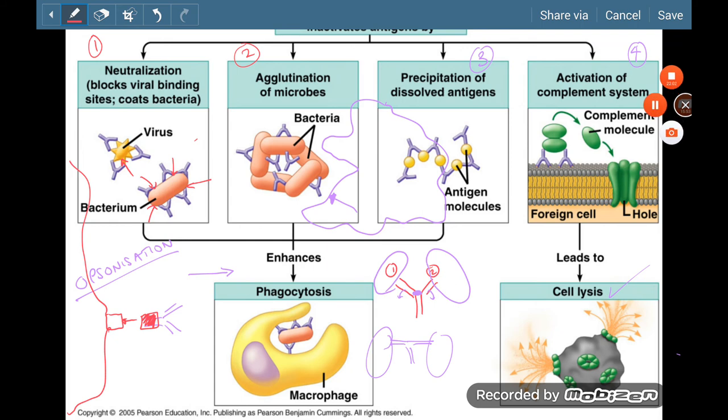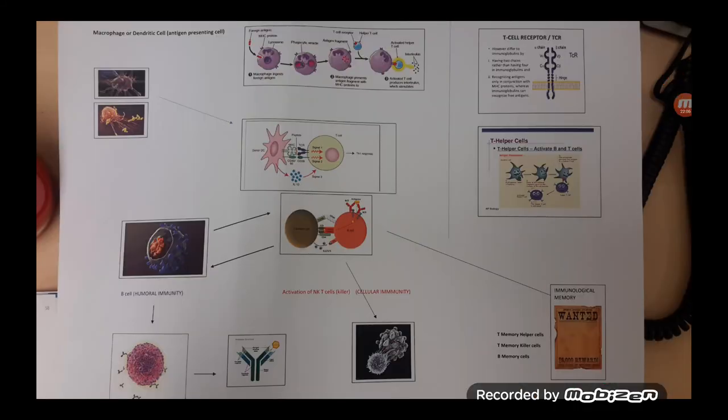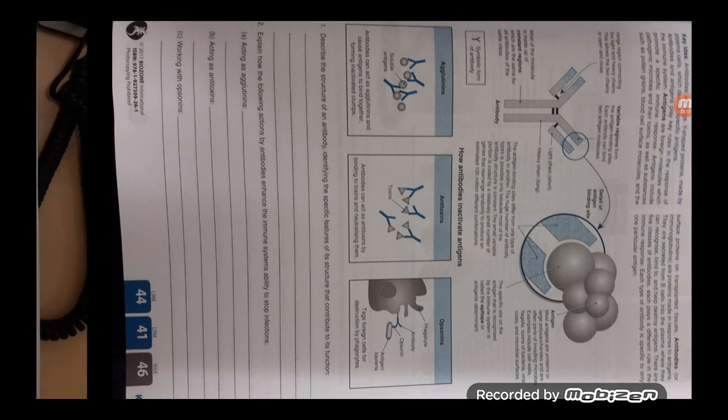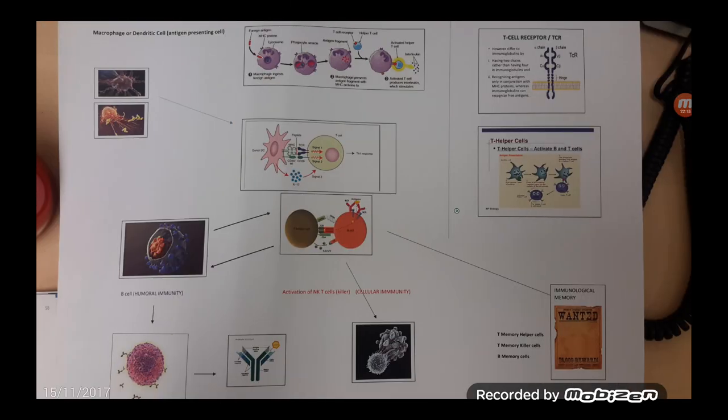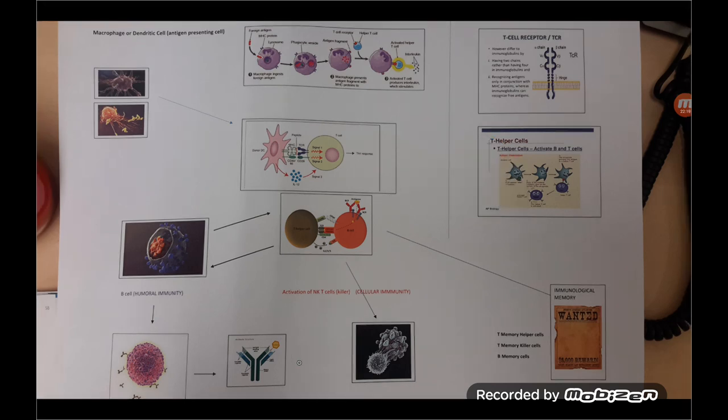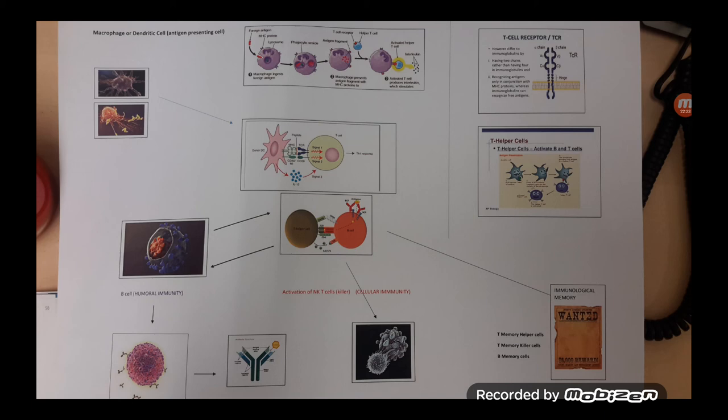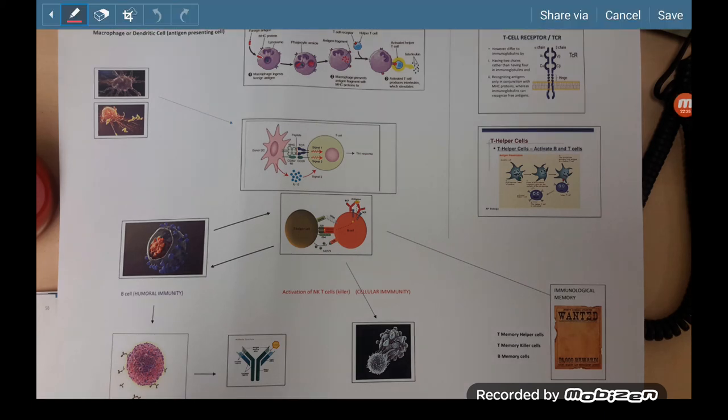And if we go back to our diagram, we can see that the antibody here, at the bottom, is the final part of the humoral response, which enables us to flood the lymph and the blood with those antibodies, which do the neutralization, agglutination, and opsonization.